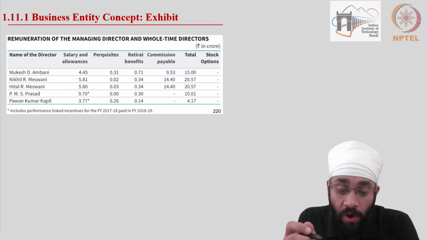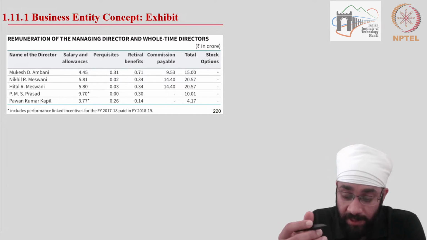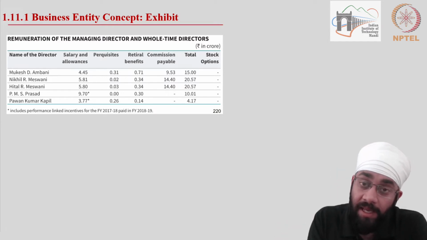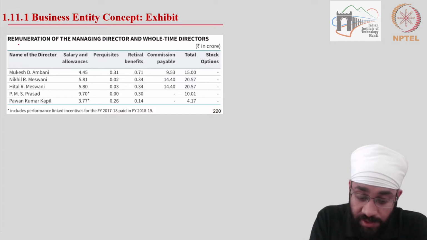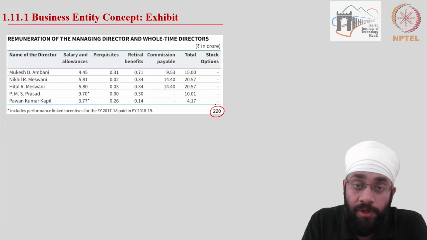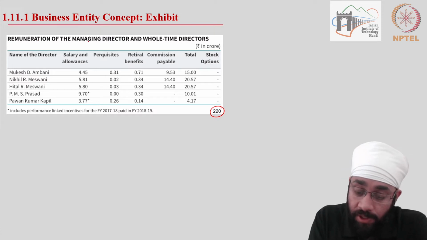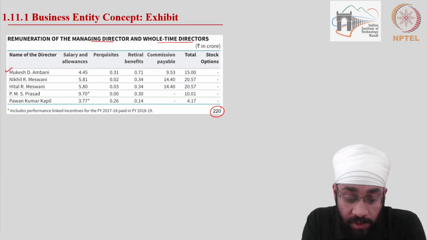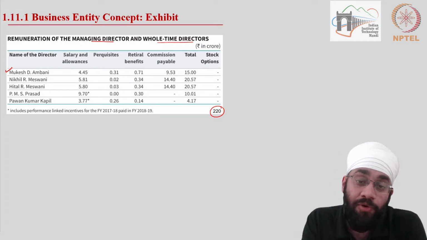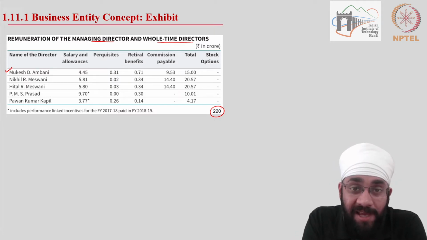Another example of the business entity concept is, this is again an excerpt from the annual report of Reliance Industries. On page number 220, you can see the remuneration of the managing director and the whole-time directors. So Mr. Mukesh Ambani is the owner, the promoter, and the promoter gets paid by the business as well.